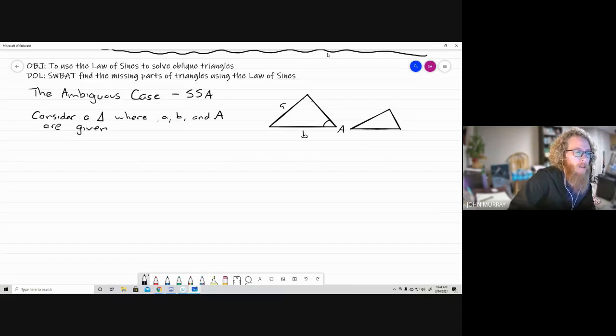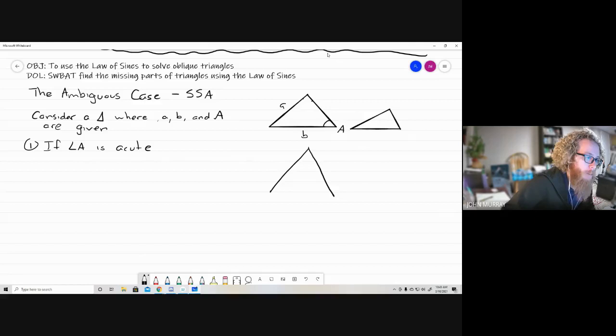And angle A. So we have three scenarios, and each scenario has its own subcategories. First, if angle A is acute. Oh, I'm sorry, one thing that I forgot to talk about.